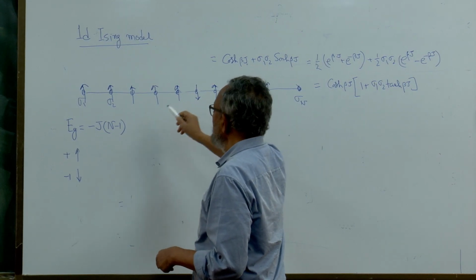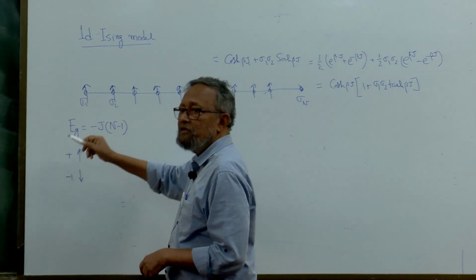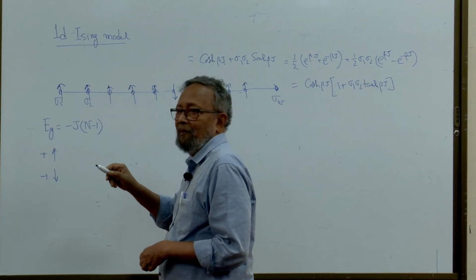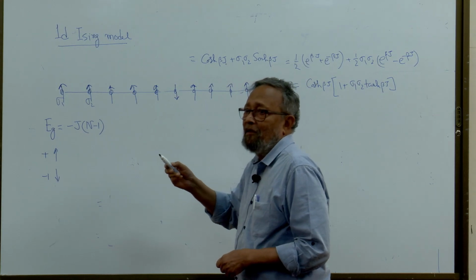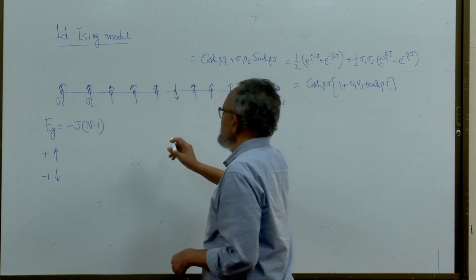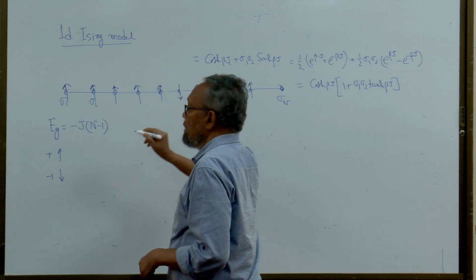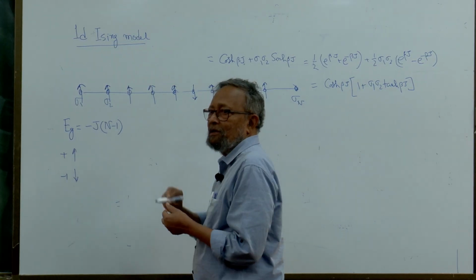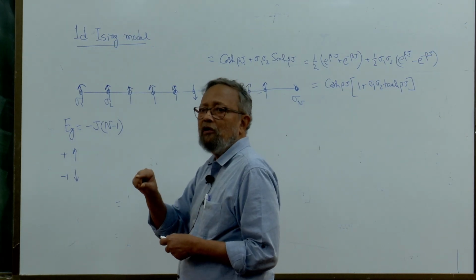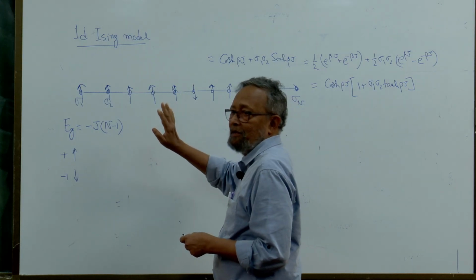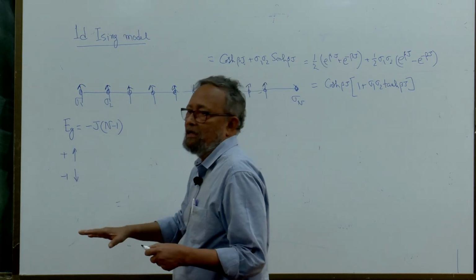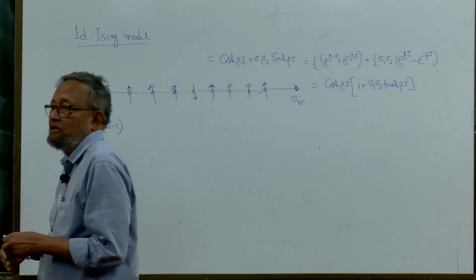So this energy is bigger than this by 4 times J. Why 4 times J? Because it was minus J to begin with, and then it has become plus J. So there is a 2J energy for each broken bond, and now there are 2 broken bonds, so there will be 4J. That's one of the excited states, but it is not the lowest excited state.